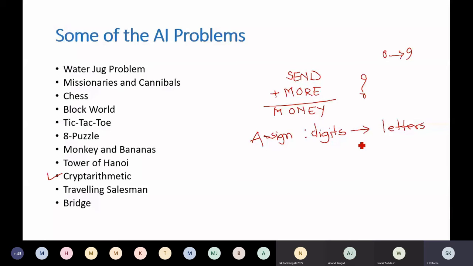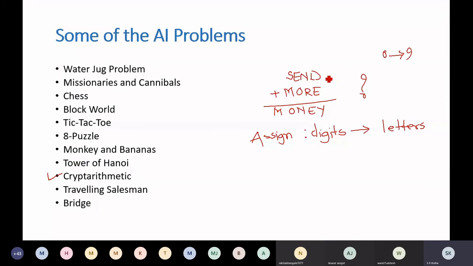So every letter will be assigned a different digit. So at most there will be 10 letters here. In any such problem you will find only 10 different letters at most. So your job is to find out which digit is assigned to which letter in such a way that no two different letters are assigned the same digit.